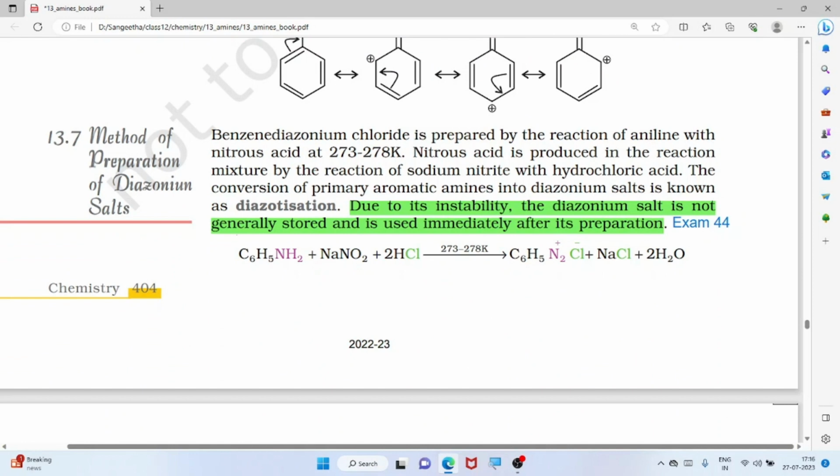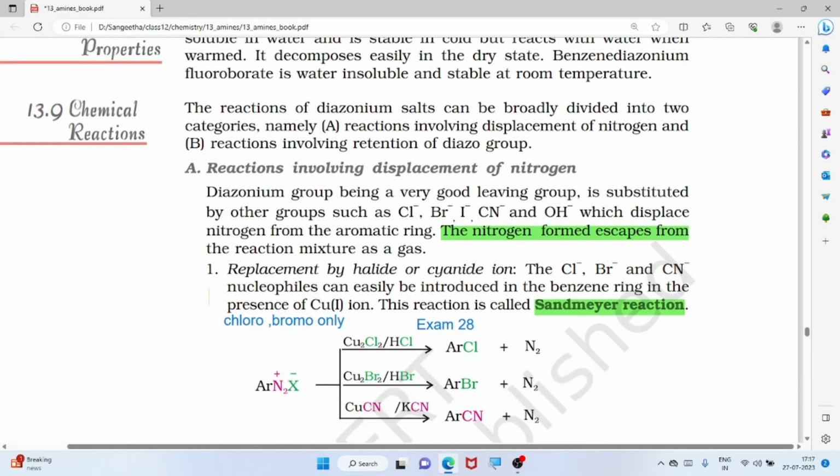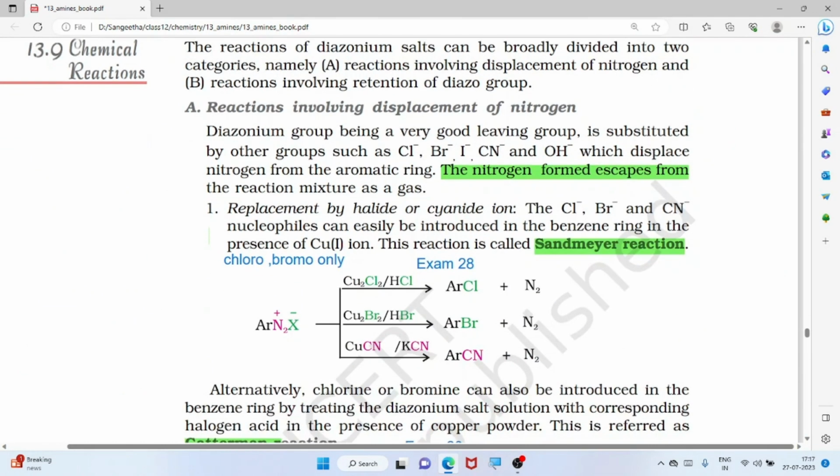Due to the instability of diazonium salts, they are not stored and are used immediately after preparation. Nitrogen escapes.